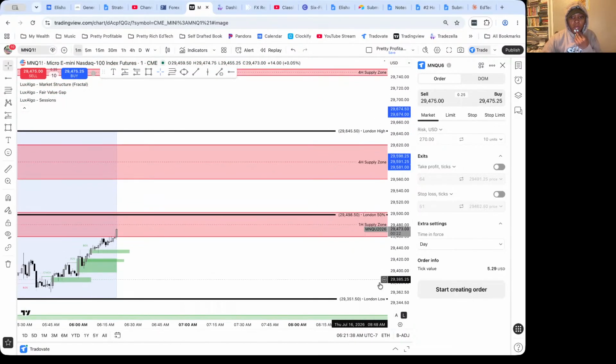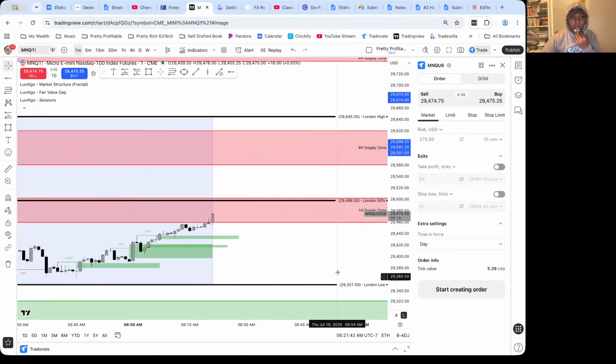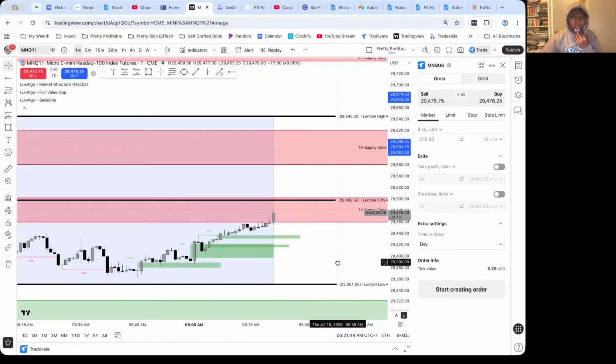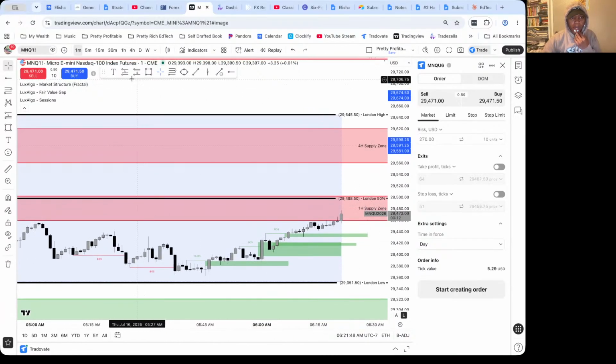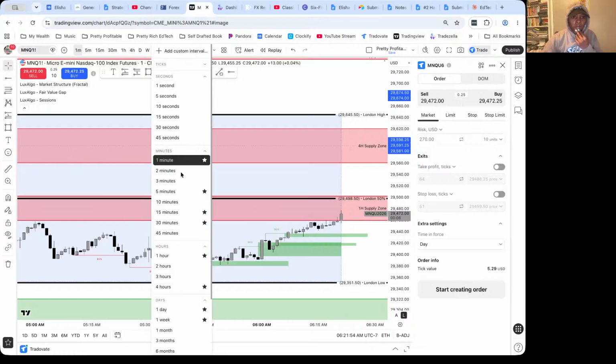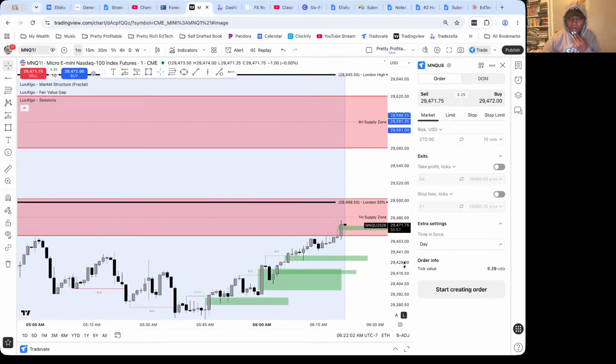Cool. So we got our charts marked up. We're gonna mark up new zones on the 1 minute. We stop at the 15-minute. I can actually remove this 5-minute. Yeah, I'm day trading. I'm not scalping.